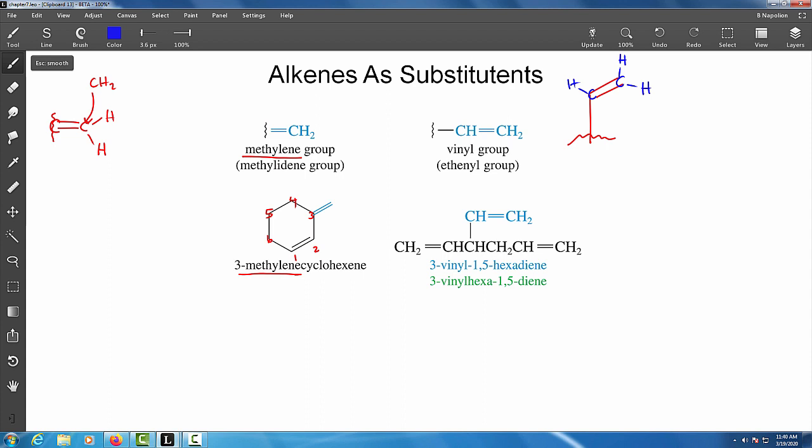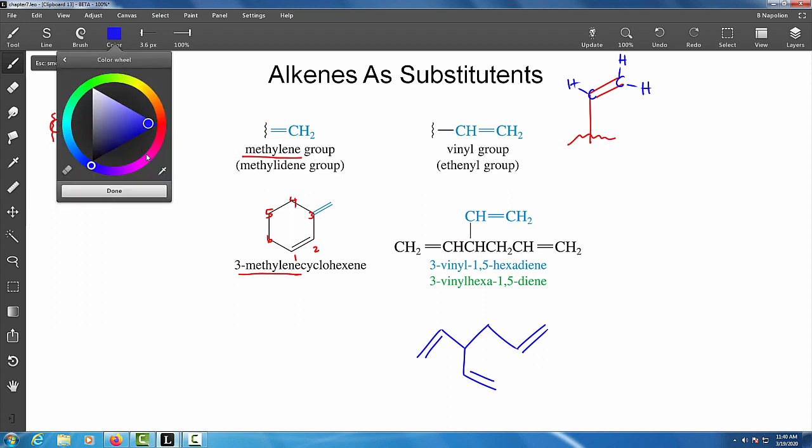So if we look at this system and we say 1, 2, 3, 4, 5, 6, we have a double bond here, and we have a double bond here. Okay?